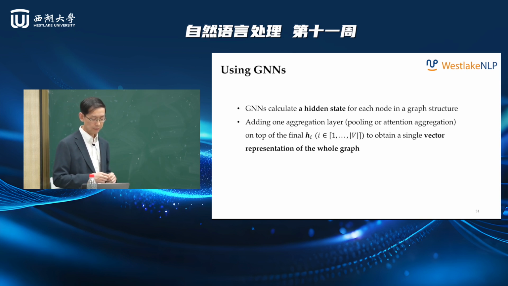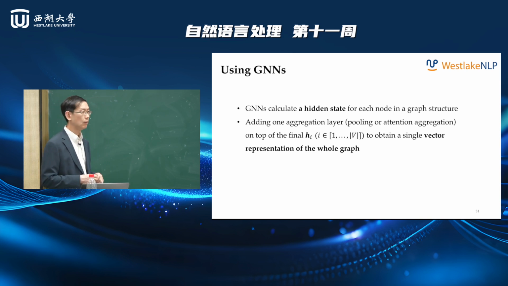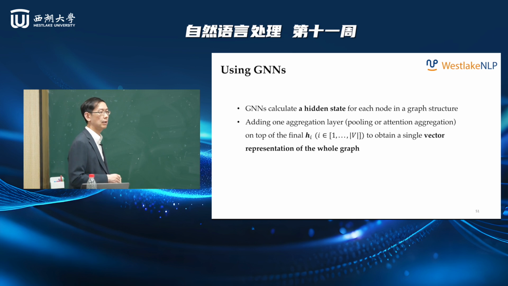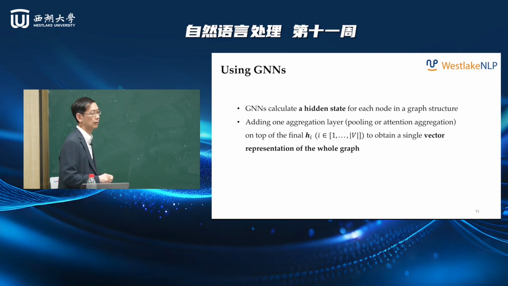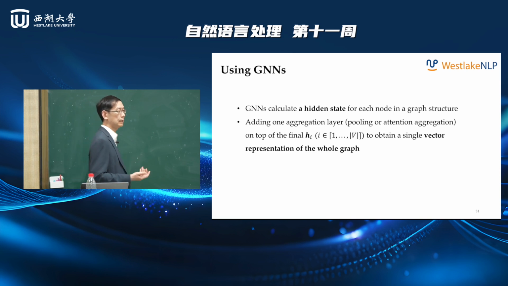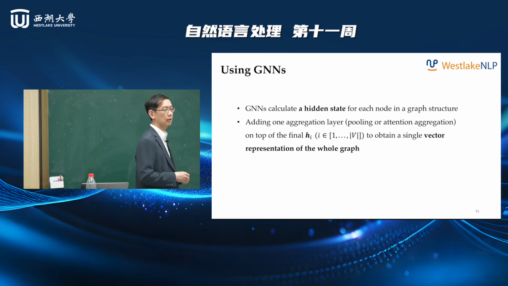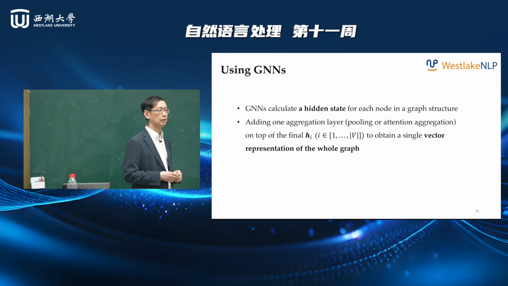How do you use graph neural networks? Well, it can be the same as you use sequential neural networks. You have a hidden for every node. So when you do classification, you can do an aggregation of the hidden by pooling, etc. So these are all graphs. You can use graph neural networks for representing trees and DAGs also, because everything is a graph.